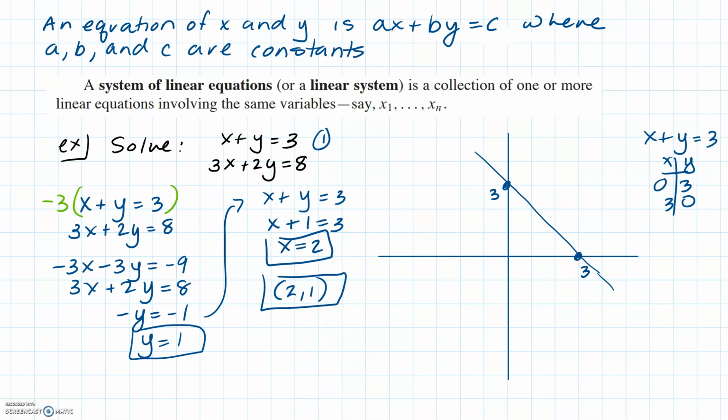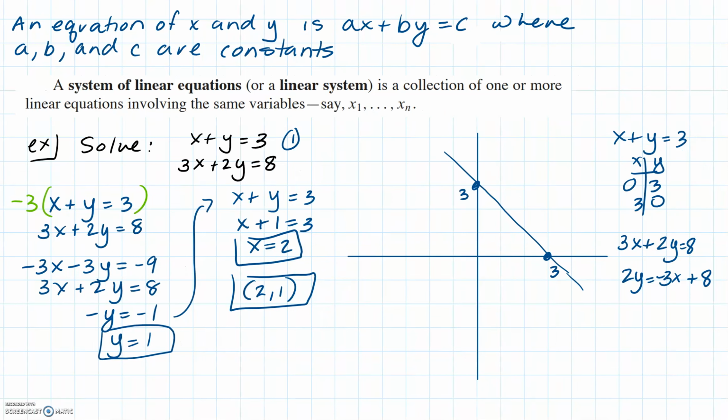To graph the second equation, I don't feel like finding the intercepts. They don't look like they're perfect integers there. So I'm going to solve for y by subtracting 3x and dividing by 2.